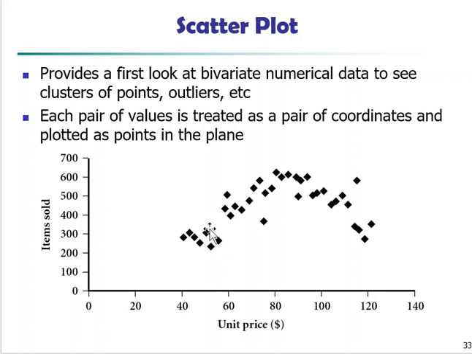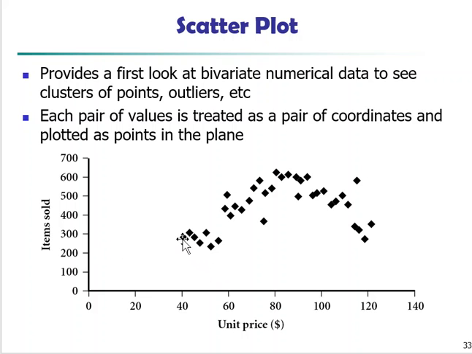The data consists of two variables. In this case, we plotted a set of observations which are products. Each product has a unit price, but it also has a number of items sold. And we can plot these two variables along the x and y axes.